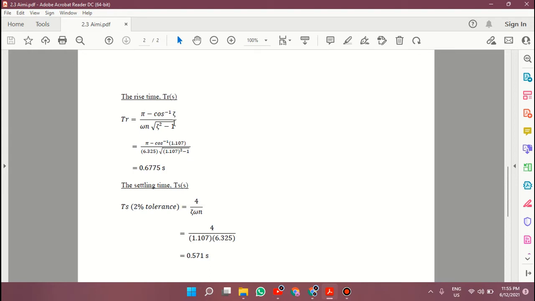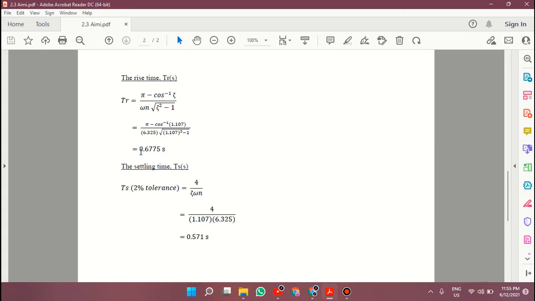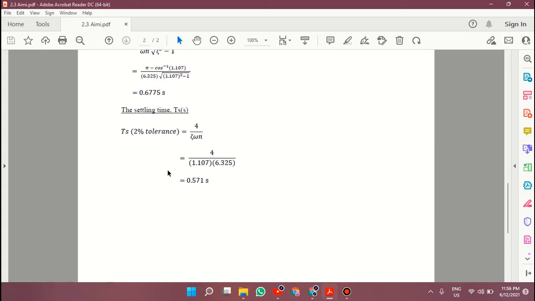The rise time Tr in seconds is equal to pi minus cos to the power of -1 of the damping ratio, divided by the natural frequency times the square root of the damping ratio squared minus 1. Inserting the values, it will be 0.6775 seconds.